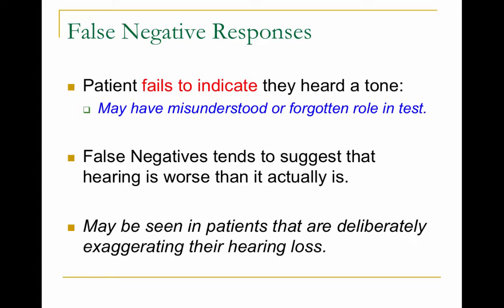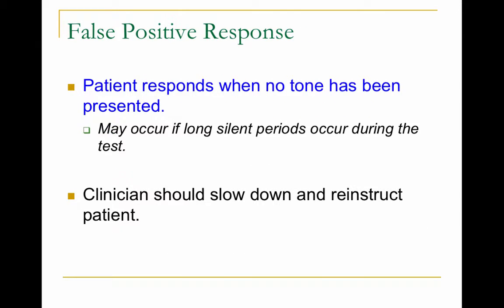For example, if I put a tone in at a level that those of us with normal hearing could definitely hear, let's say 50 decibels, and you don't raise your hand, you're saying, no, I definitely don't hear a sound, but you're false in your negative response, because you do actually hear that sound. So either you're not paying attention, you didn't understand the directions, or you're trying to make your hearing loss look worse than it actually is.